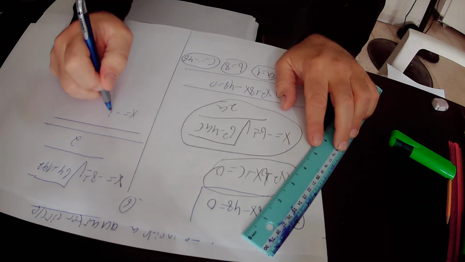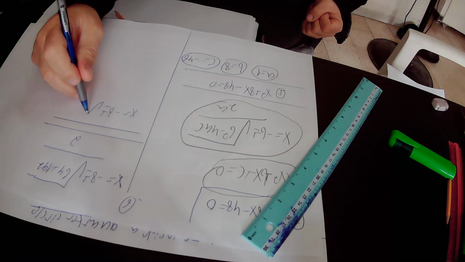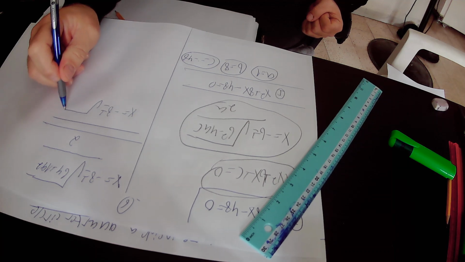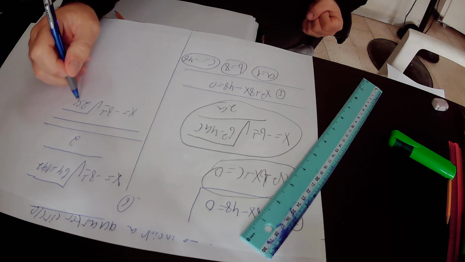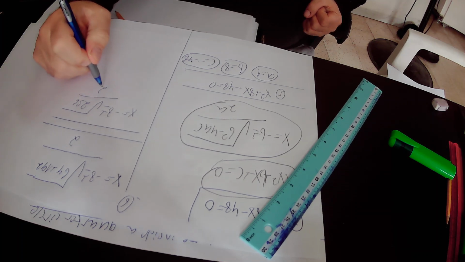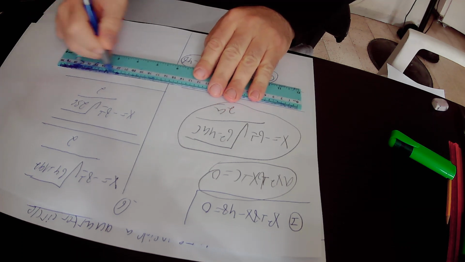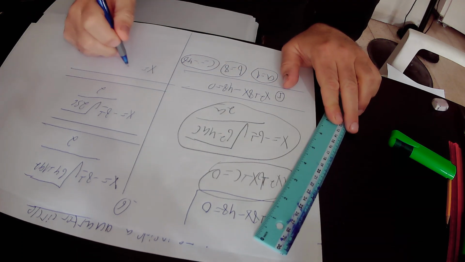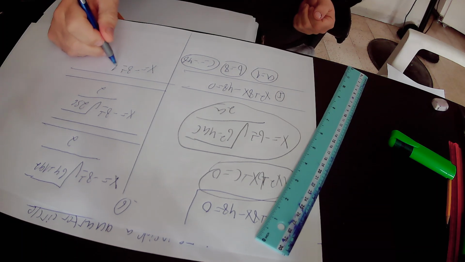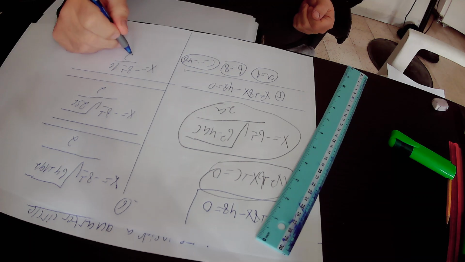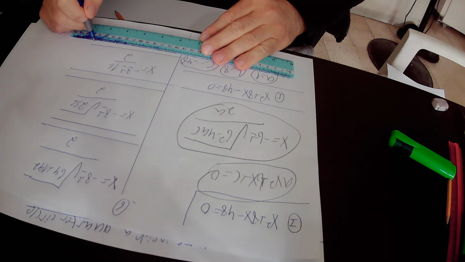x equals minus 8 plus minus, inside the root we have 64 plus 192, that is 256, divided by 2. So x equals minus 8 plus minus, and the square root of 256 is 16, divided by 2. So here we have two possible solutions for x.